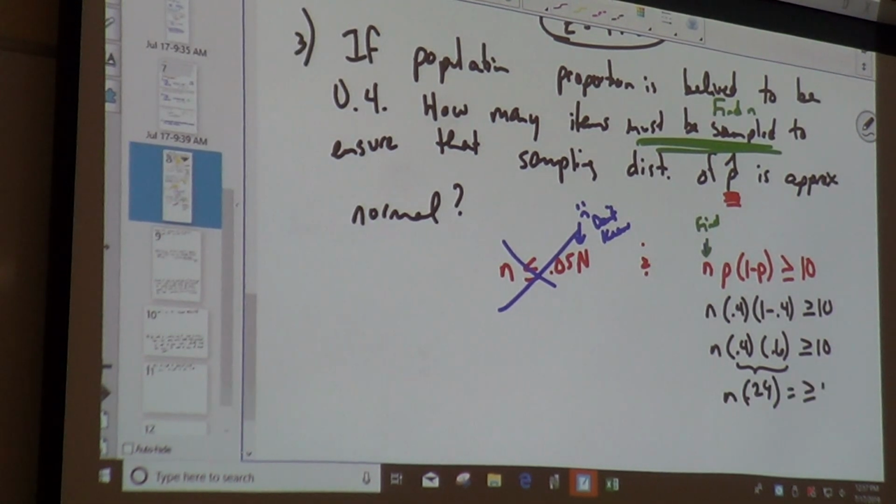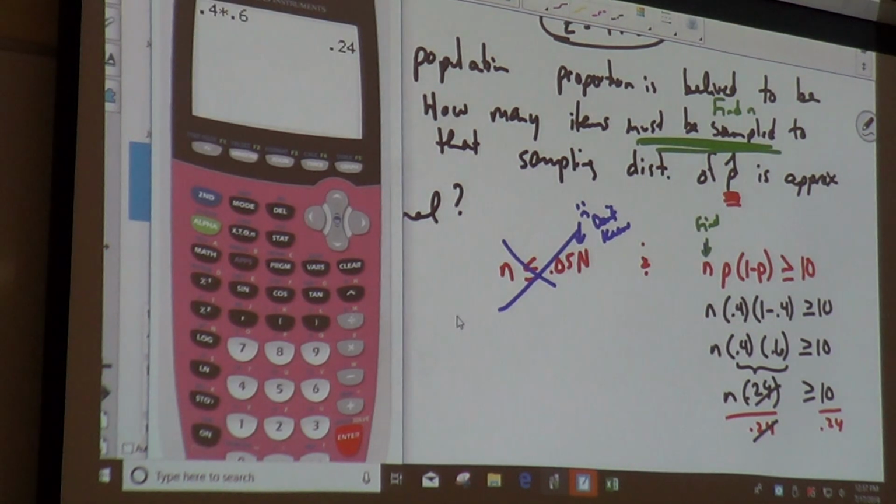And what do I need to do to both sides to get n alone? Divide by 0.24. Cancel, cancel. So it's going to be 10 divided by 0.24.